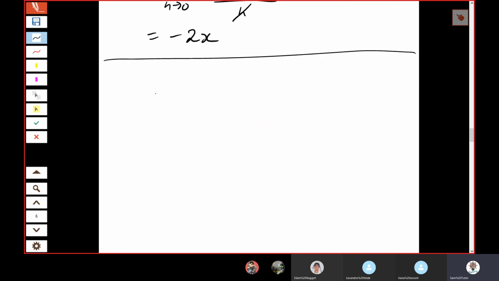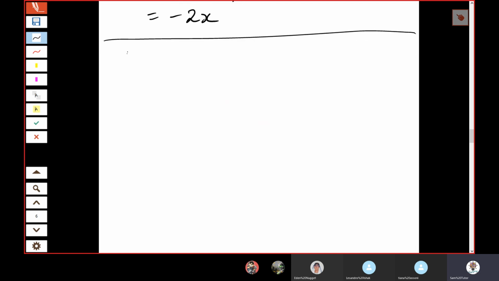Highlight it, stick it on your wall, do whatever you've got to do, because this one will be in one of your exams. I don't know which one. It will come up, I can guarantee that. And you'll only be able to execute this if you know the trick I'm about to do. If you don't know the trick and you've never done it before, you probably won't get it out.